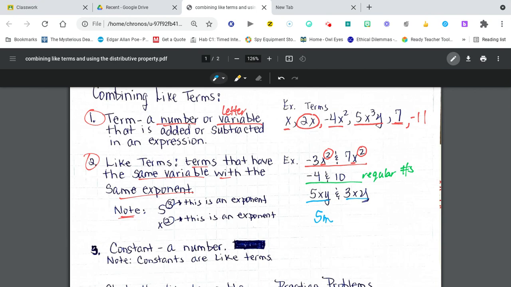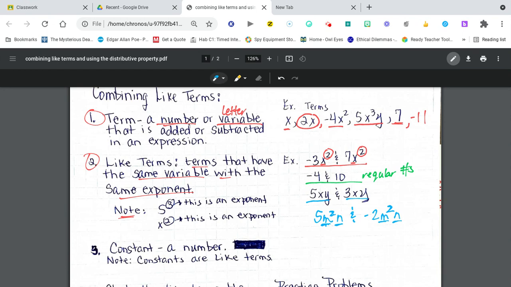Even if you see something like this, they're like terms because you got m squared and m squared n. You got an m with an exponent of 2 and an m with an exponent of 2 and an n.